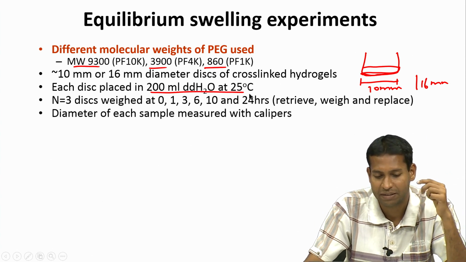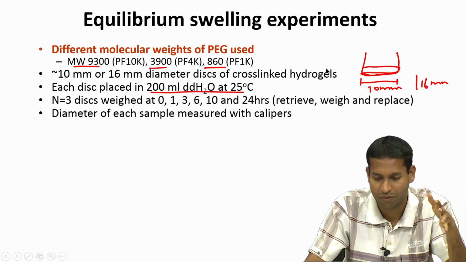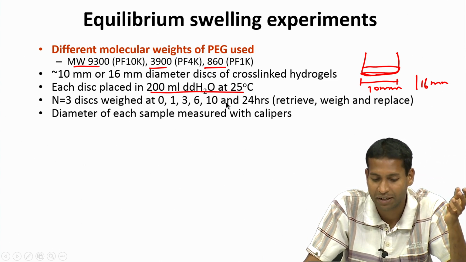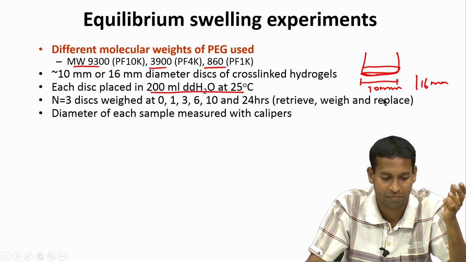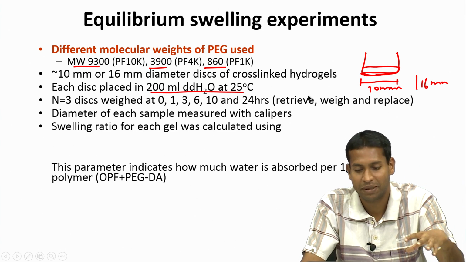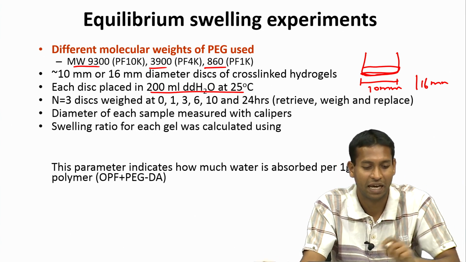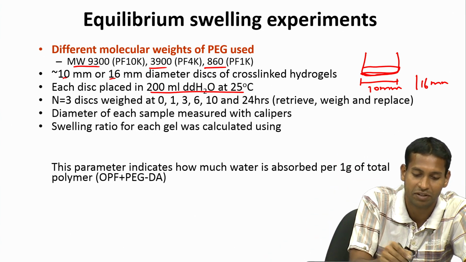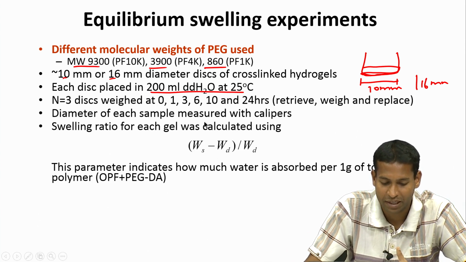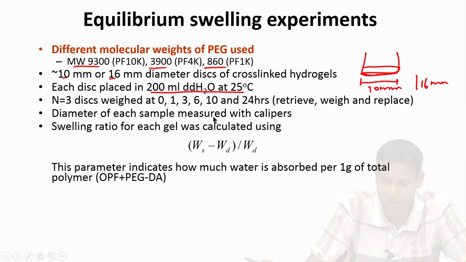Over time, at the time the discs were formed, at time 0, they weighed them, and then they continued to weigh them at different times. They also measured the diameter, basically using calipers, already defined here as 10 millimeter or 16 millimeter. So, how do you calculate the swelling ratio?